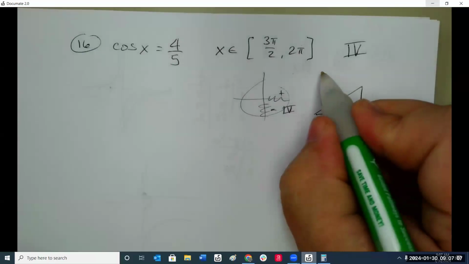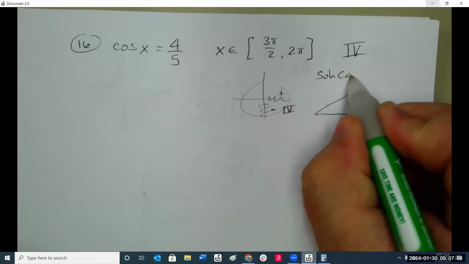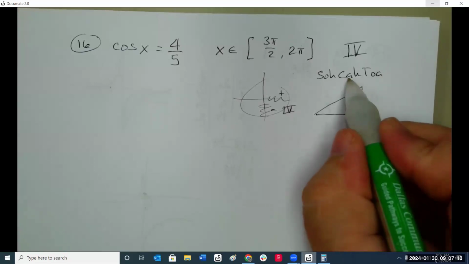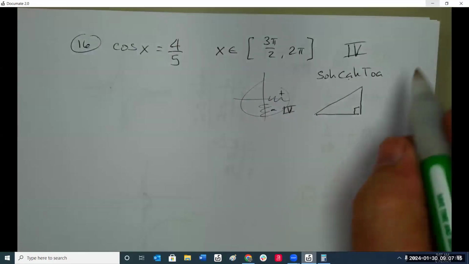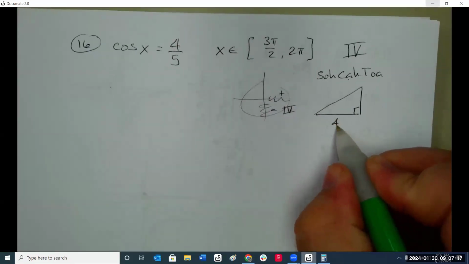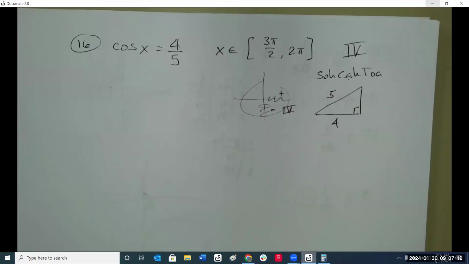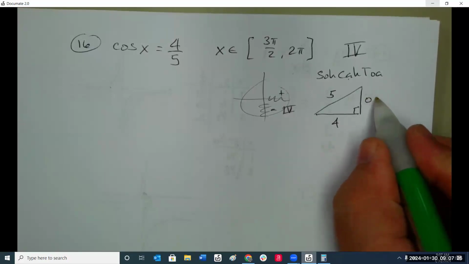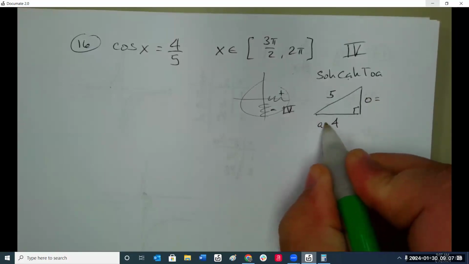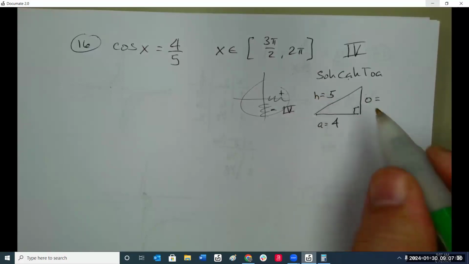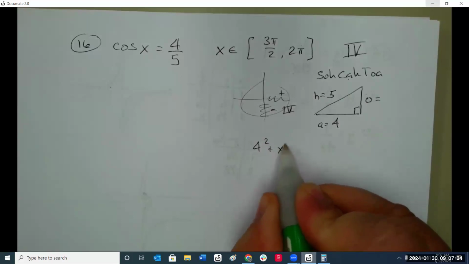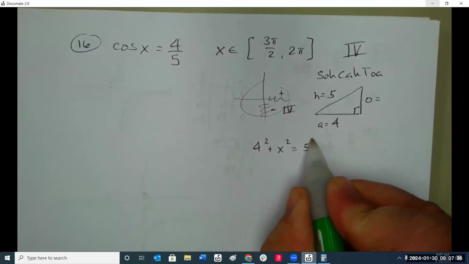So SOHCAHTOA says that adjacent is on top and hypotenuse is there. We just have to find the opposite. So we have 4 squared plus x squared equals 5 squared.